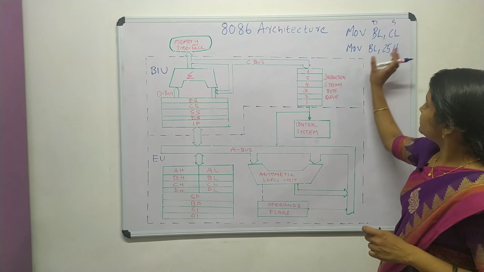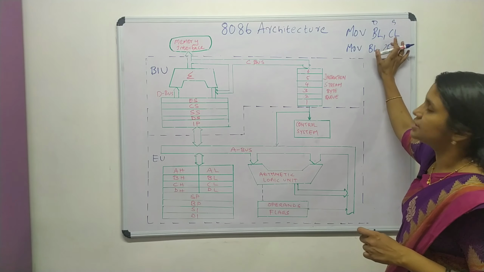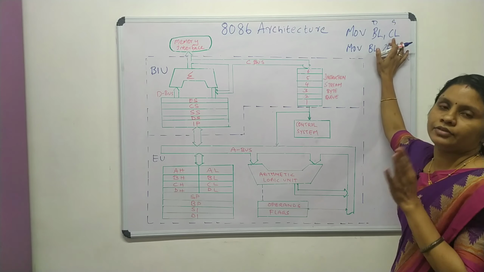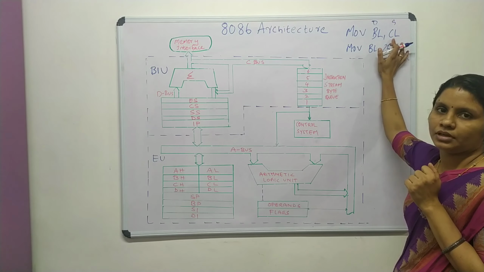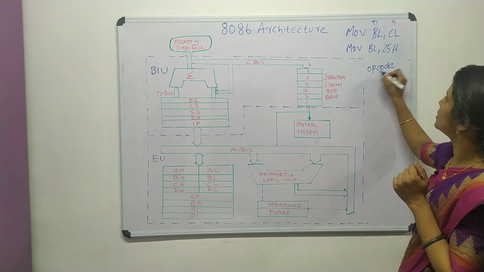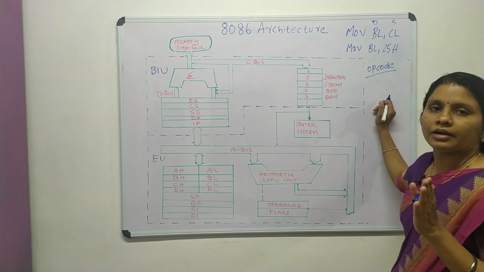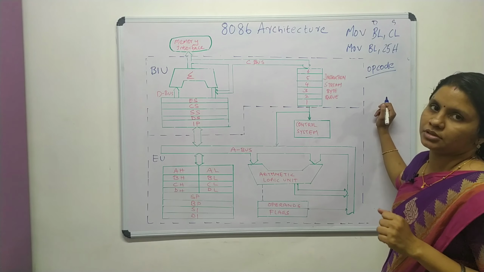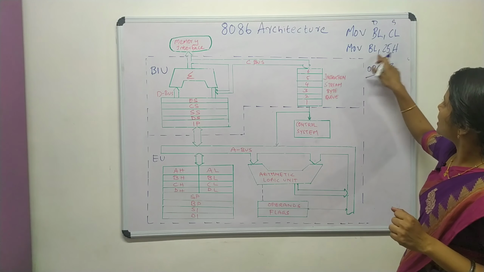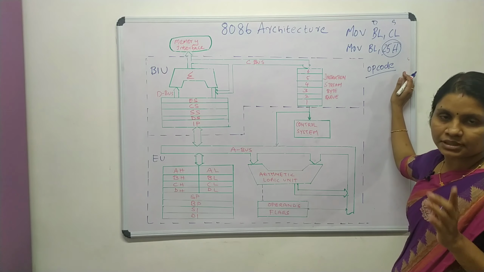Fine. So the two registers BL and CL will have an opcode. Every register and instruction will have a unique opcode. But consider this operand 25. It is a number.